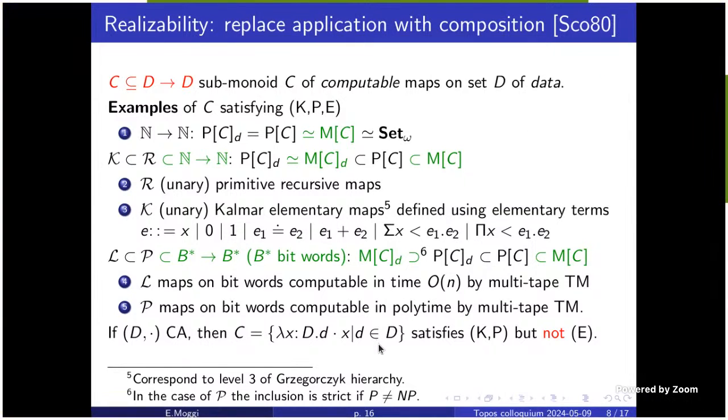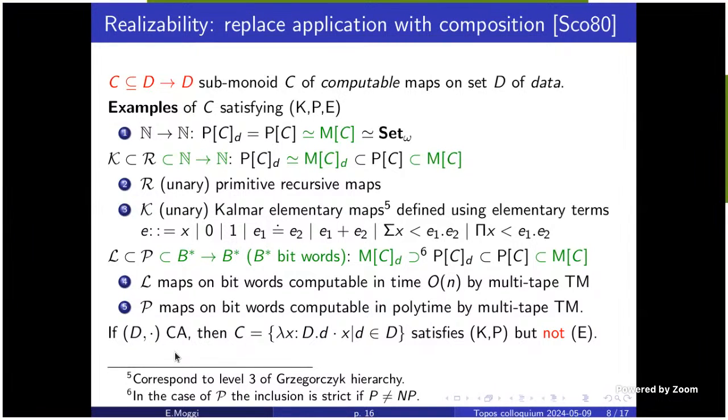Yes. So here I've stuck to monoids of total maps. Of course, if you consider partial combinatorial algebras, this setting is not suitable because you have to consider partial maps as well.